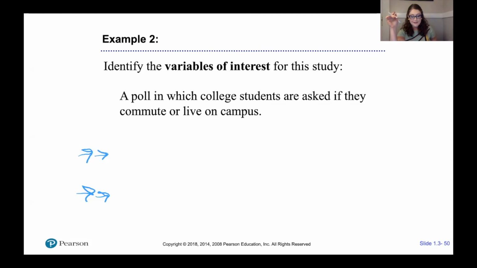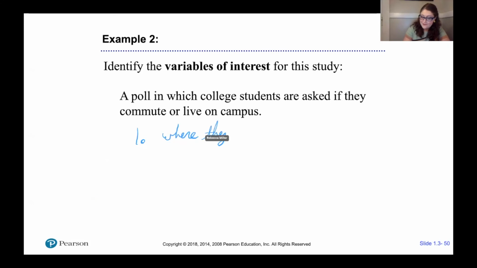So let's identify the variables of interest for this study. A poll in which college students are asked if they commute or live on campus. There can be more than just the obvious one. So first, we want to know where they live. The next thing it might be interesting to know is their age, right?